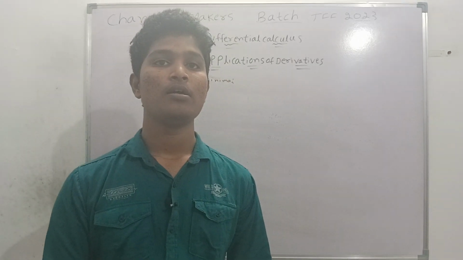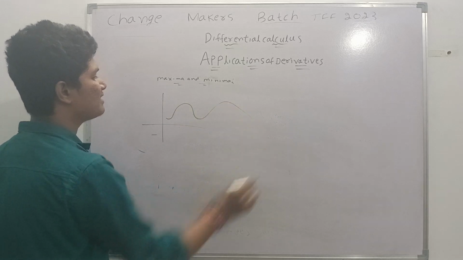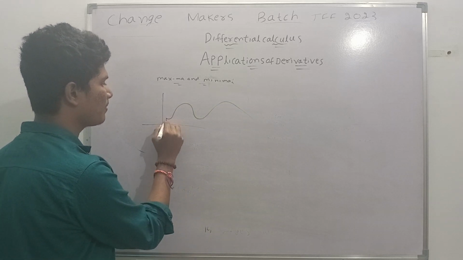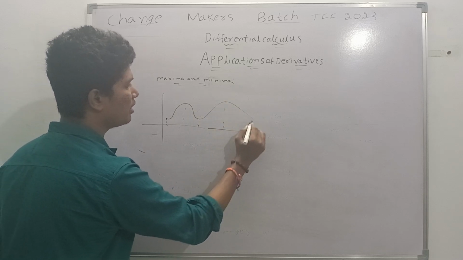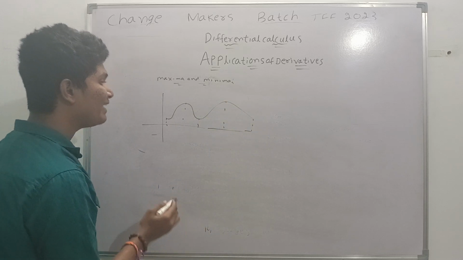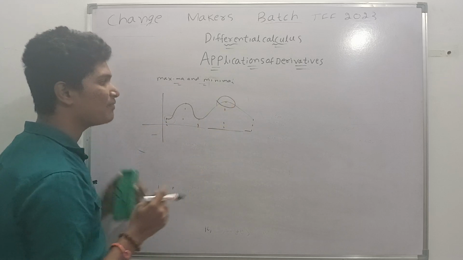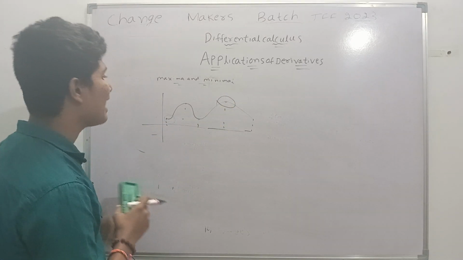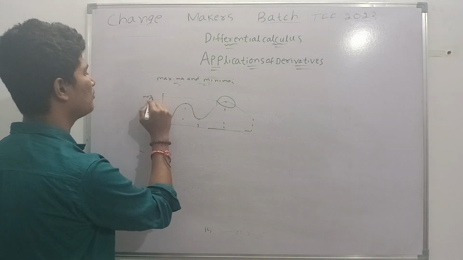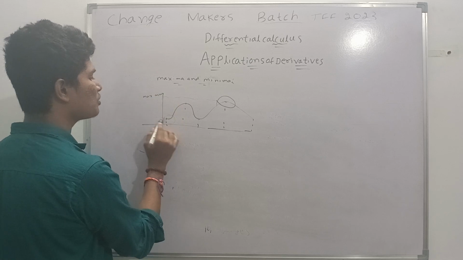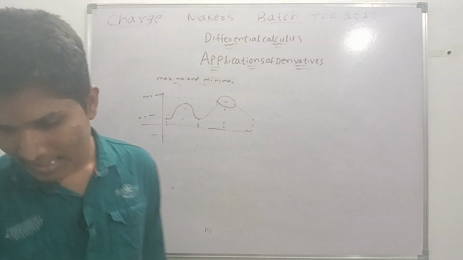That is, if this is a curve like this, if you take the points, there is a minimum and there is a maximum. The meaning of this is, in a curve, the highest point is called maximum and the lowest point is called minimum. You have to understand this.